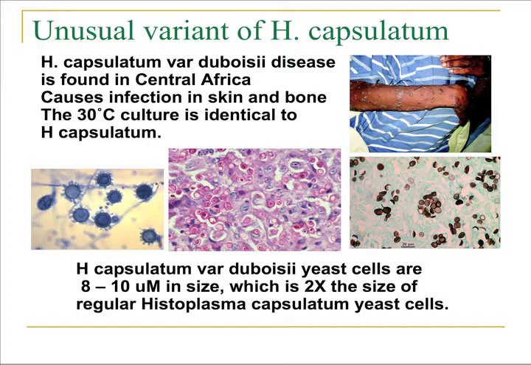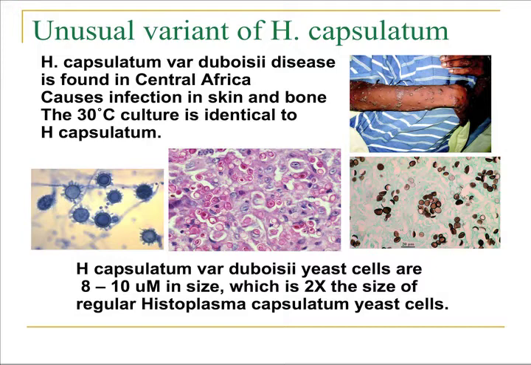The 30-degree culture of Histoplasma duboisii is identical to that found in Histoplasma capsulatum. But the thing that is unique and different about duboisii is the yeast cells are 2 to 3 times larger than those found in capsulatum.